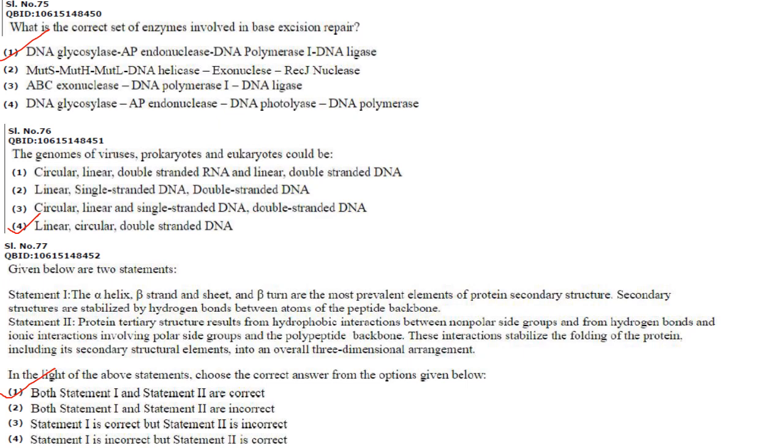Single-stranded DNA is not present in eukaryotes as a genome. So that also is not correct. Circular linear, again single-stranded DNA. So that is not correct. Linear circular double-stranded. That is correct. Linear can be present in viruses. Prokaryotes it is usually circular and eukaryotes it is double-stranded DNA. So the answer here is option 4.